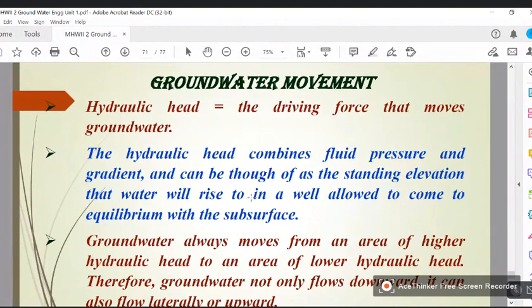So groundwater always moves from an area of higher hydraulic head to an area of lower hydraulic head. That is, hydraulic head is P by gamma plus Z. Therefore, groundwater not only flows downward, it can also flow laterally or upward also. Okay, that you should accept.